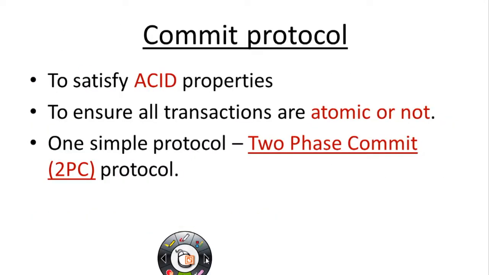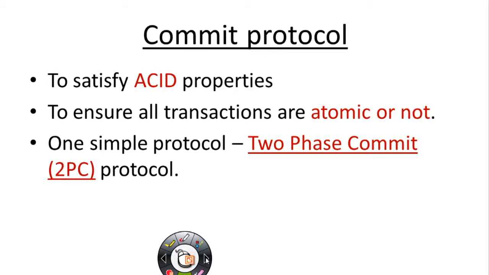So how do we handle this? For handling transactions in distributed databases, we have commit protocols. We can use these commit protocols to execute a transaction successfully. The role of a commit protocol is to satisfy the ACID properties: atomicity, consistency, isolation, and durability.